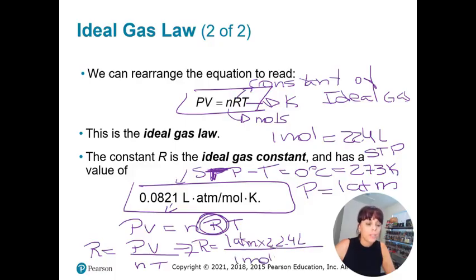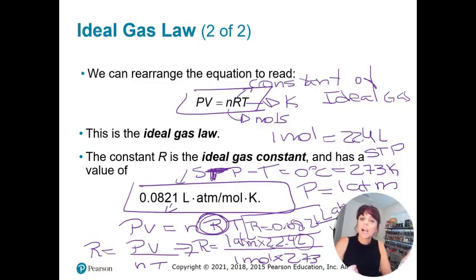So it's per mole, and I have the temperature, 273. If I grab my calculator, I have 22.4 divided by 273, and I have exactly 0.0821. The units are liter atm per mole Kelvin. Good? This is how you get this number.